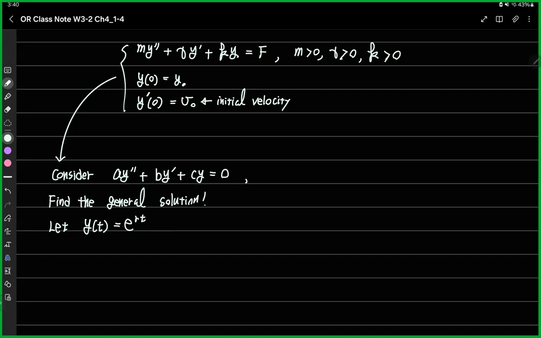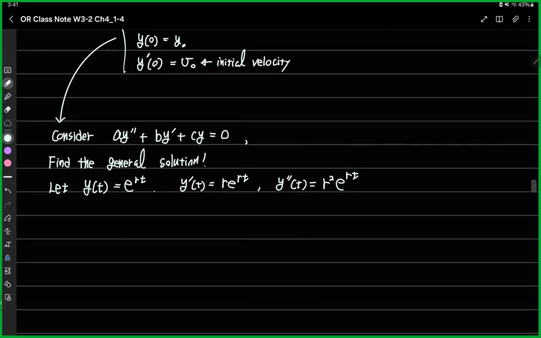And then we substitute this into the differential equation. y prime of t is going to be r times e to the rt, and the second derivative is r squared e to the rt.